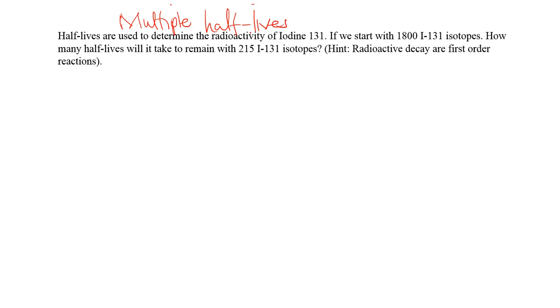If we start with 1800 iodine 131 isotopes, how many half-lives will it take to remain with 215 iodine 131 isotopes? So let us take note, radioactive decay is always a first order reaction.